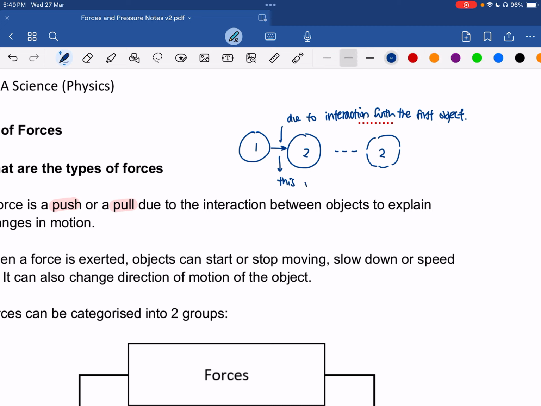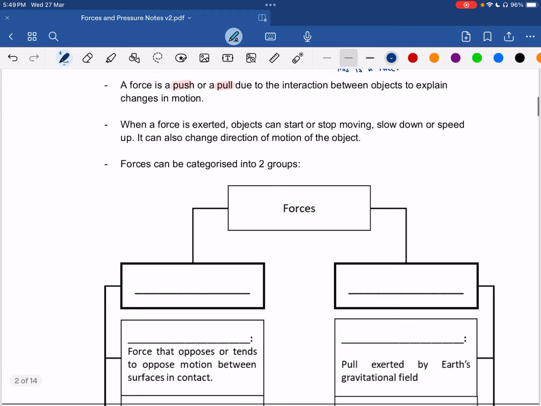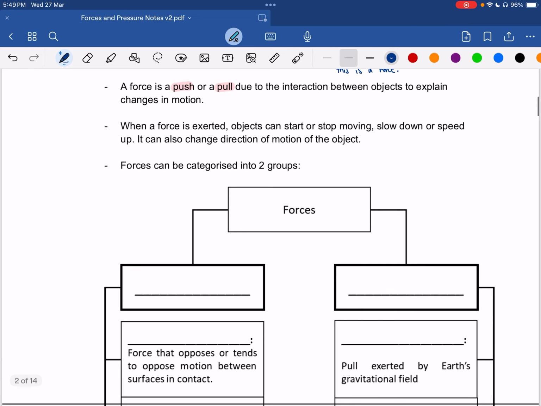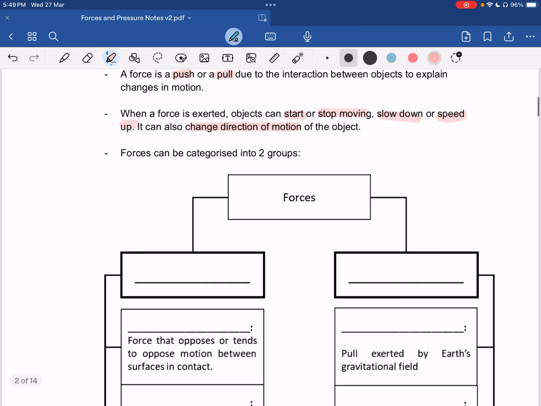When a force is exerted, there can be different effects. You can start an object moving, or stop it from moving. You could slow it down or speed it up. You could even change the direction of the motion of the object.